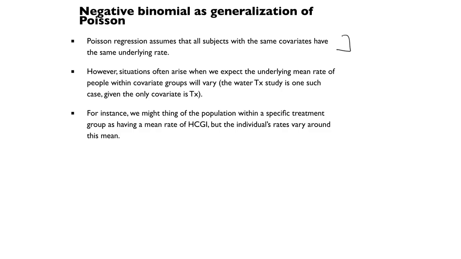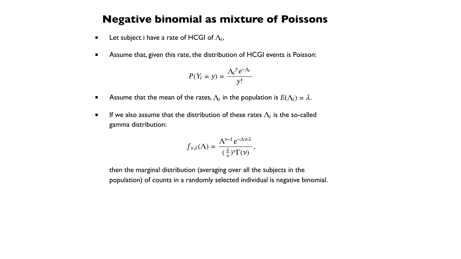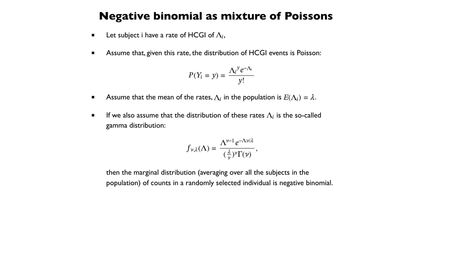And I'll give the specifics right here, if you care about the math. I assume that given you have a certain rate, I'm calling this capital lambda I. It's a random variable, so I don't measure it.